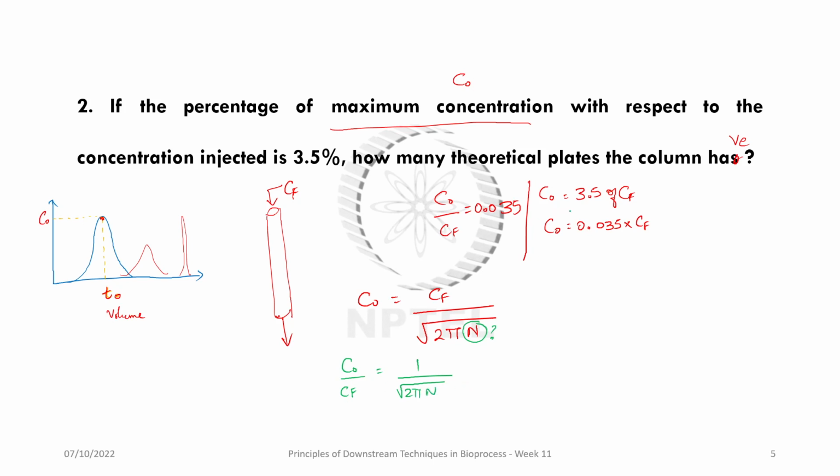And you know C naught by CF is equal to 0.035, is equal to 1 by root of 2 pi n, or 2 pi n is equal to 1 by 0.035 the whole square. Can somebody solve this quickly and tell me?